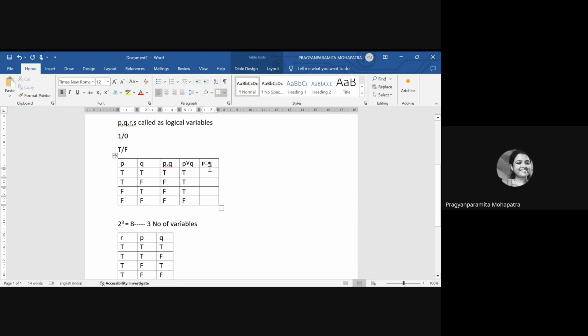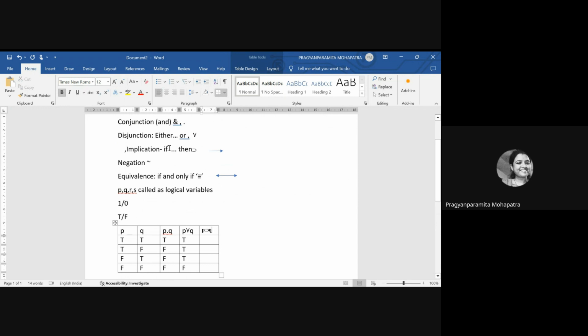P implication Q. So here you have to understand one thing. The sentence before 'then', after 'if', is called the antecedent, and the sentence which occurs after the word 'then' is called the consequent. Suppose there is a sentence: if he is a cricketer, then he is famous. Did you get the sentence?